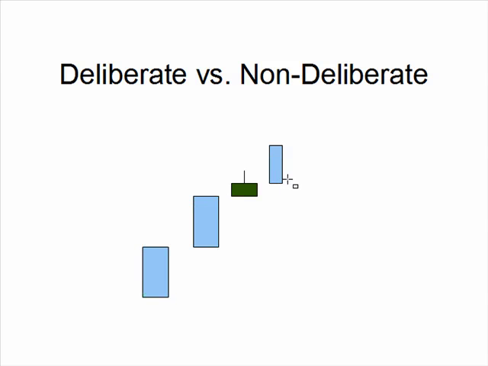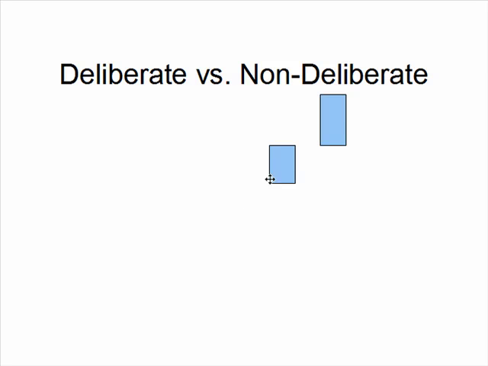And again, this time frame can be a daily chart, a weekly chart, a minute chart, or whatever we want to look at. And so the deliberate movements happen not just on a single candle level, but on multiple candle levels. And so as we put these together, we can not only look for one candle, but also a multiple of candles.